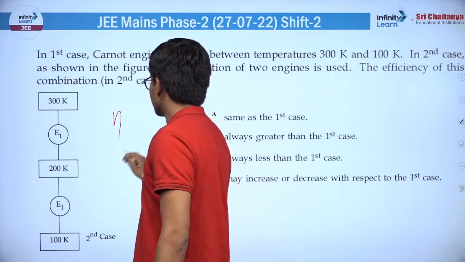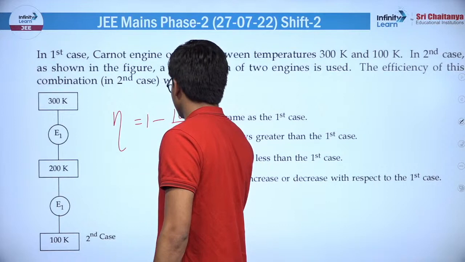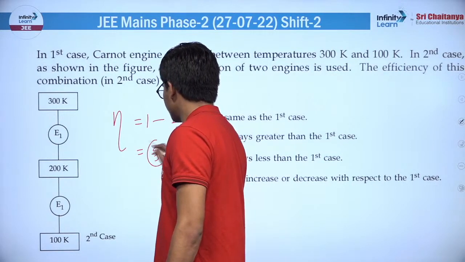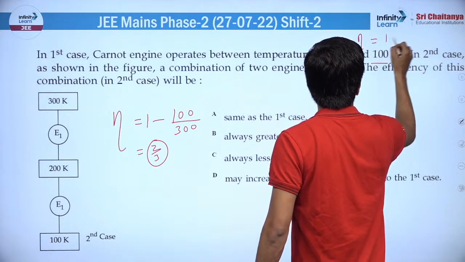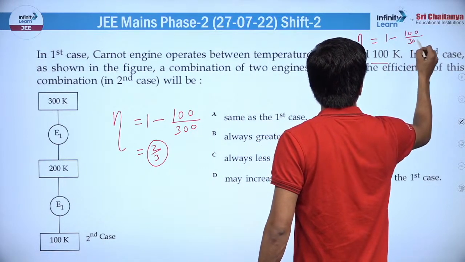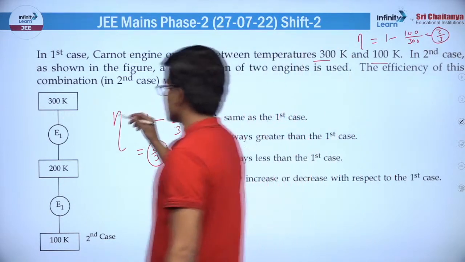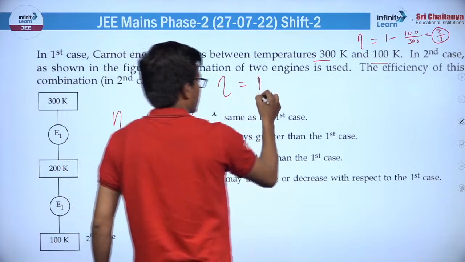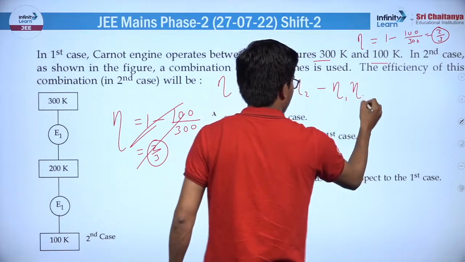Moving ahead, so you are having this as a Carnot engine, doesn't matter how many you are having, the resultant efficiency is 1 minus final temperature divided by 300, so you can write here 2 by 3. In the first case also the efficiency is given as 1 minus 100 by 300, that is 2 by 3. But whenever you are having two Carnot engines in series, instead of applying this formula, we have to apply this: first efficiency plus second efficiency minus the product of first and second.